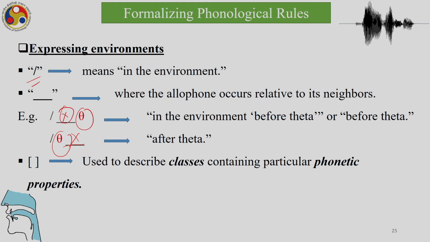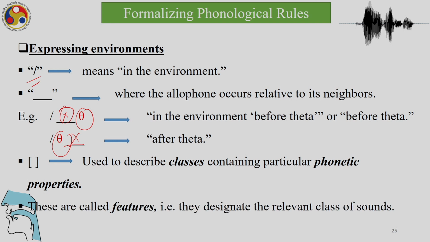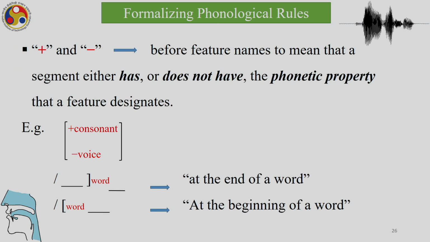And then we have the square brackets. They are used to describe classes containing particular phonetic properties. These are called features and they designate relevant classes of sounds. And we also use plus and minus before feature names to mean that a segment either has or does not have the phonetic property that a feature designates.